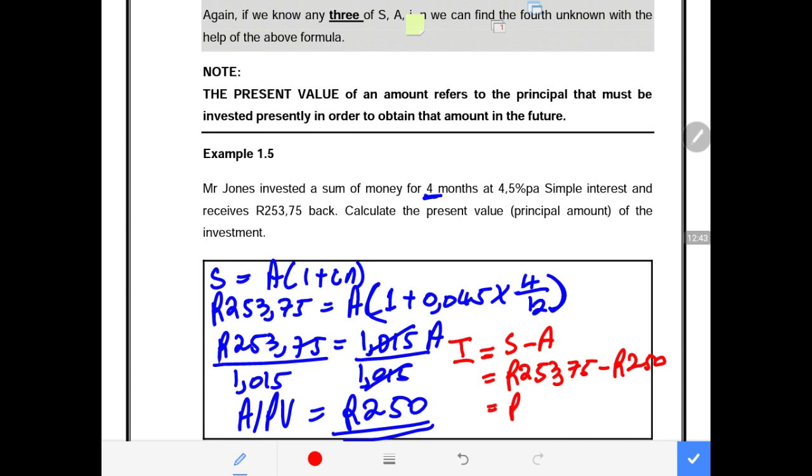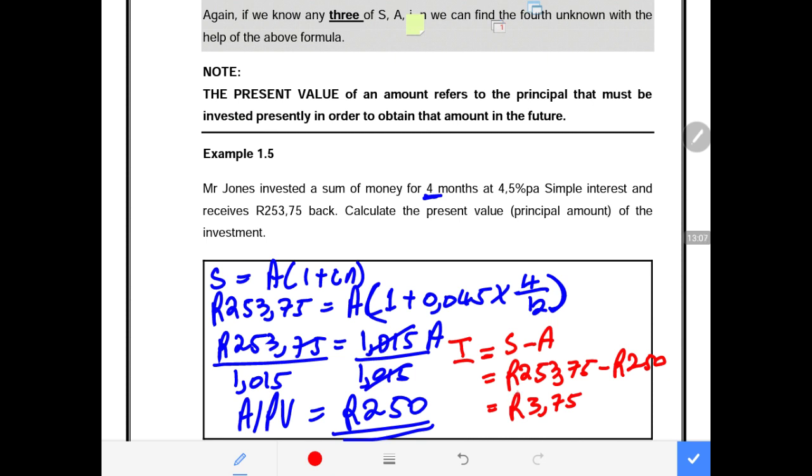Therefore, we get 3 rand 75 cents. That will be the interest that would have been earned on this investment. It is only a small 3 rand 75 cents.